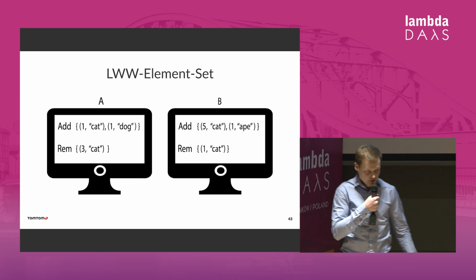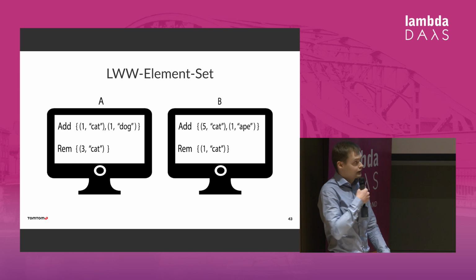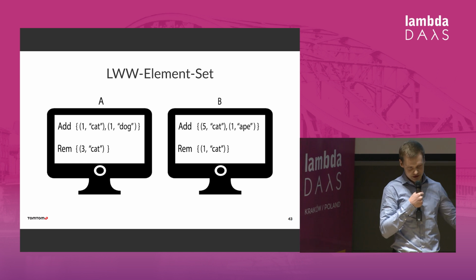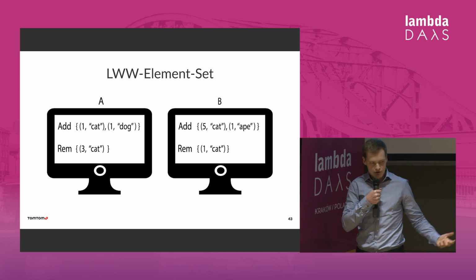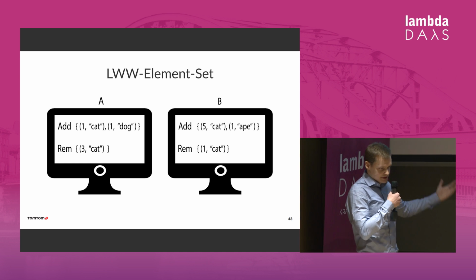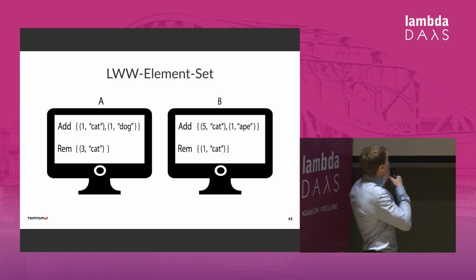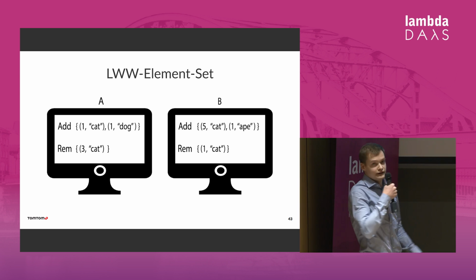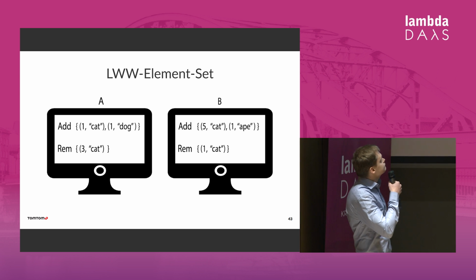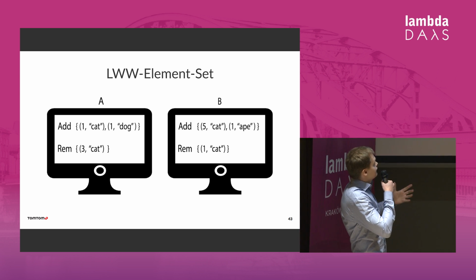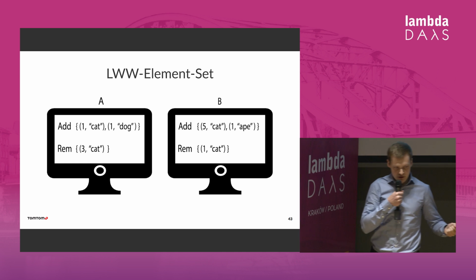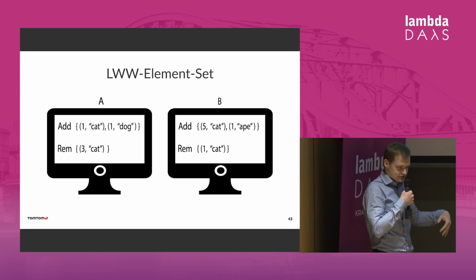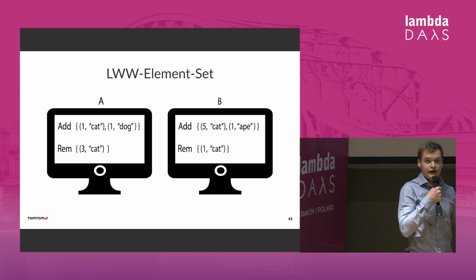So here's an example. Again, two machines. We have these pairs. The first element in the pair is a timestamp, just a long value, and then the value itself. How do we calculate the lookup for the set? Well, we just need to analyze the add set for the elements and their timestamps and check if the element has a corresponding entry in the remove set with a higher timestamp.